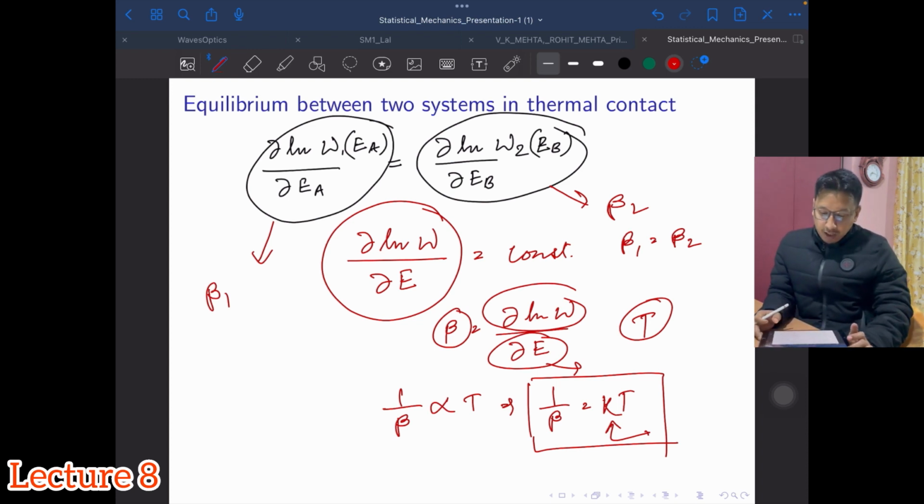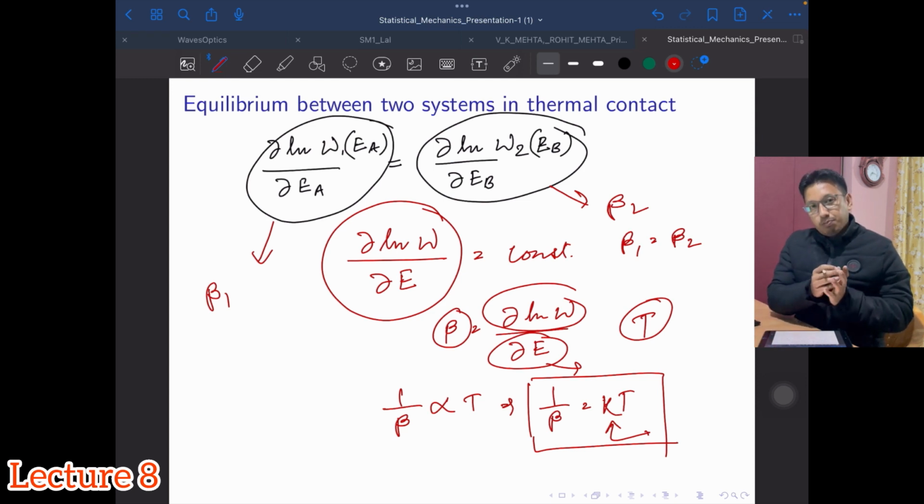From the statistical point of view, the equilibrium state of the system is that state which has maximum probability. From the thermodynamics point of view, you typically think about a spontaneous process, for example spontaneous expansion or diffusion of gas.